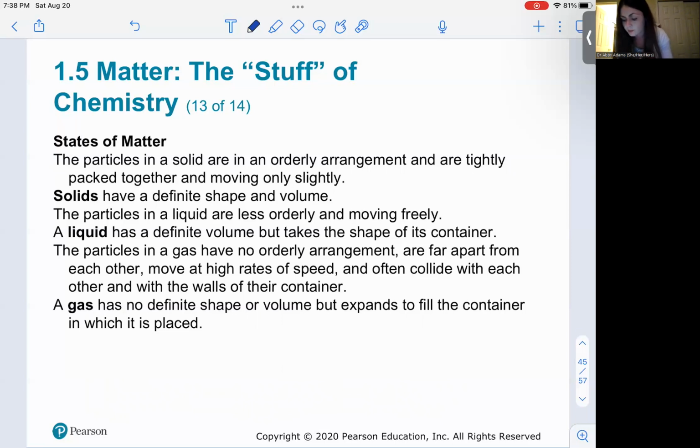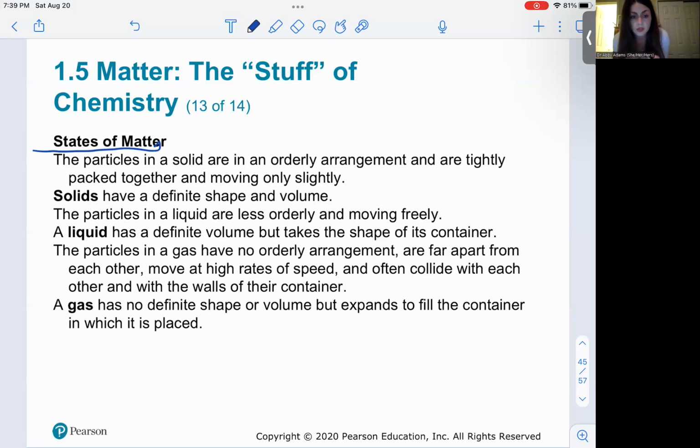temperature. Okay, so states of matter: the particles in a solid are in an orderly arrangement, they're tight, they're barely moving, and that's whenever you have a solid, there's a definite shape and a definite volume.